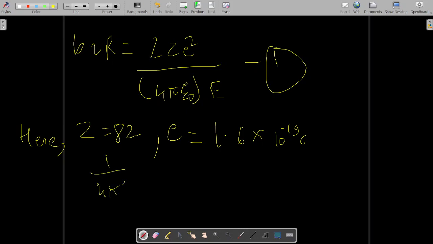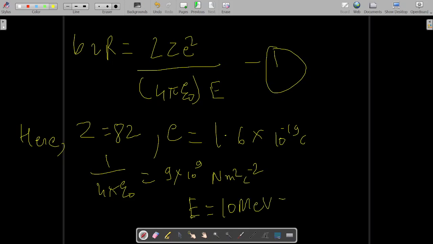So 1 upon 4 pi epsilon naught is equal to 9 into 10 to the power 9 Newton meter square per coulomb square. And E, that is the energy, is equal to 10 million electron volt, which is 10 into 10 to the power 6 electron volt.